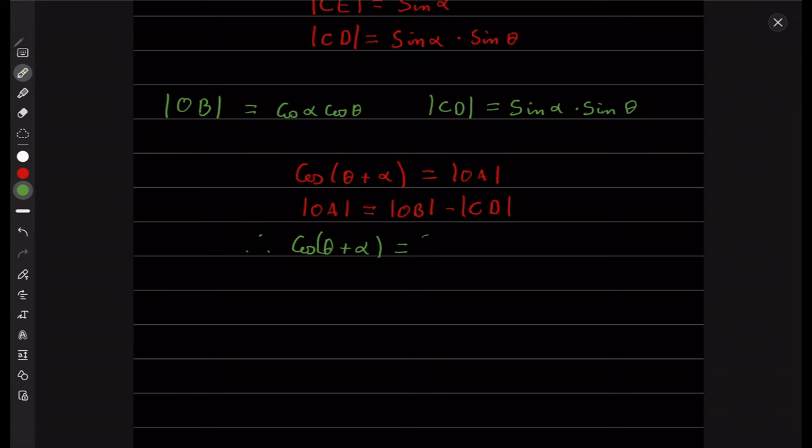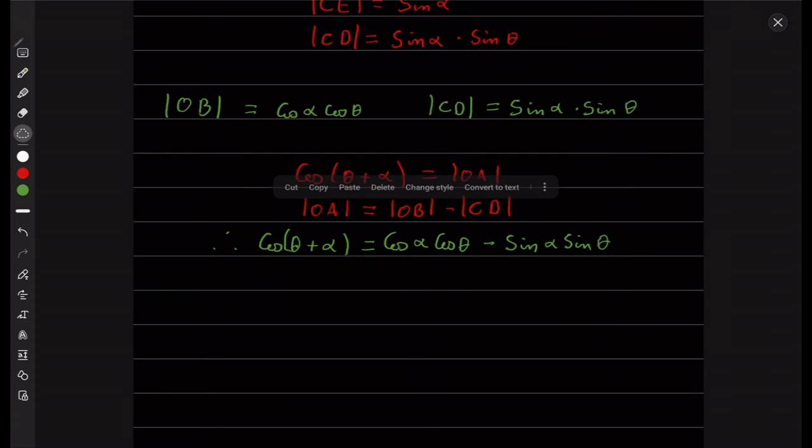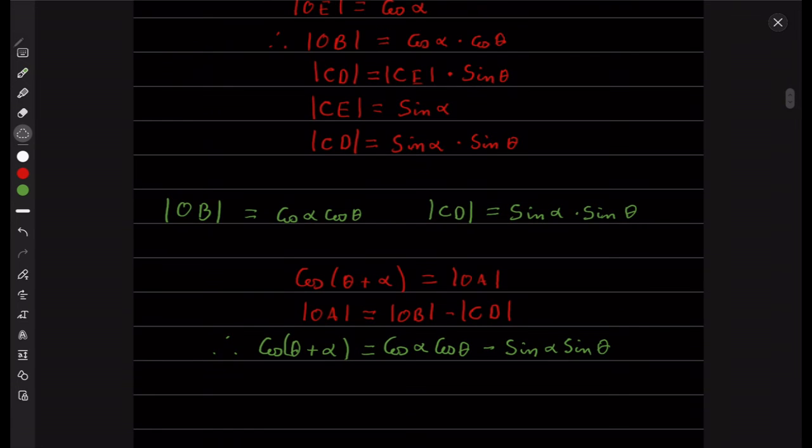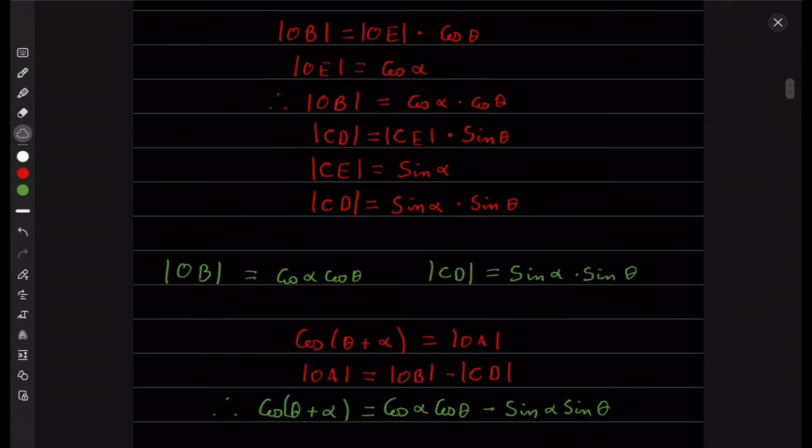OB is cos alpha cos theta minus sine alpha sine theta. Let me center this properly. Now we have our expression for cos theta plus alpha.